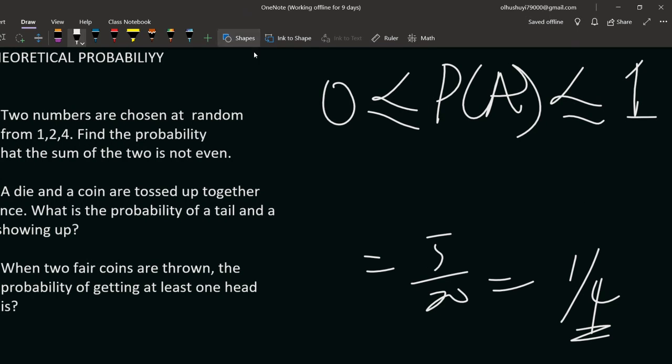So there is a boundary, and that is from 0 to 1, not less, not more. So that's the range within which you should have the value of your probability.